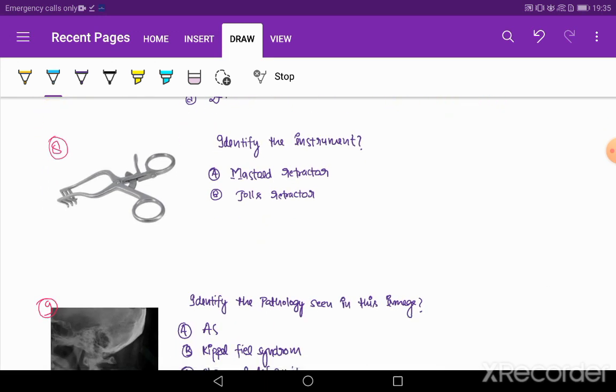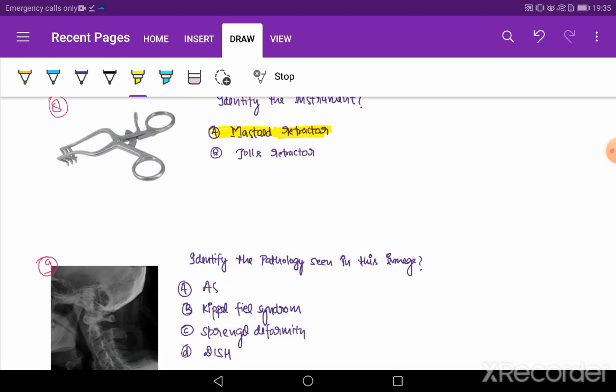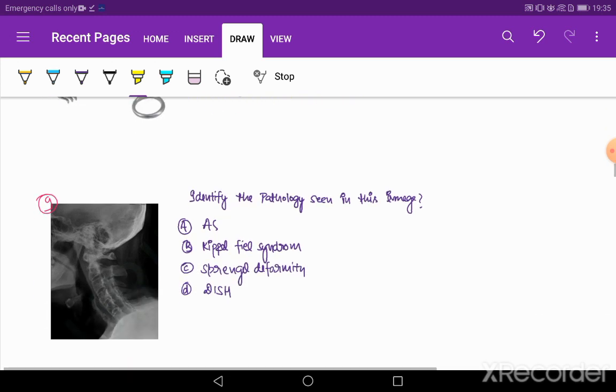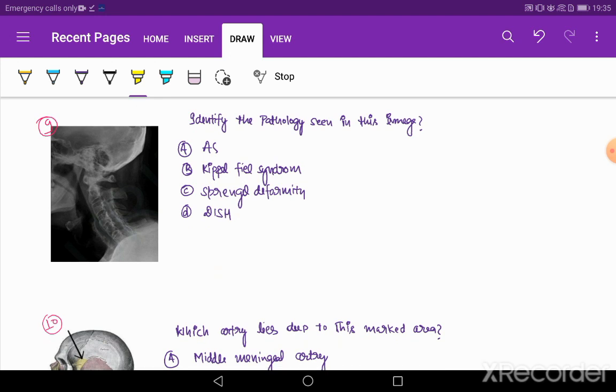Our next question is to identify the instrument. This is the well known mastoid Mollison's self-retaining retractor. We study it in the ENT practical examination during posting.